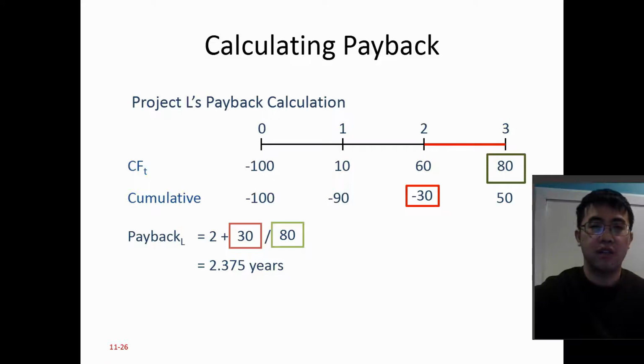That's your assumption. Then you use the $30 beginning balance of the third year divided by the money made in the third year. You get a fractional part of 0.375, and then you add it to the integral part, which is 2, and you get your payback period.